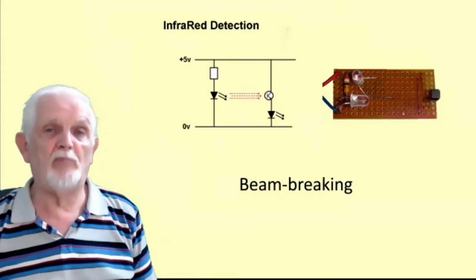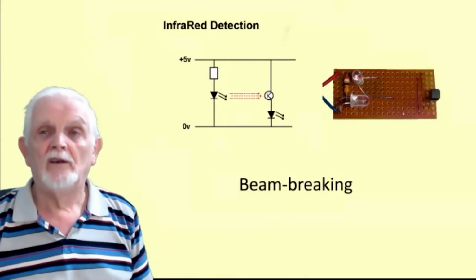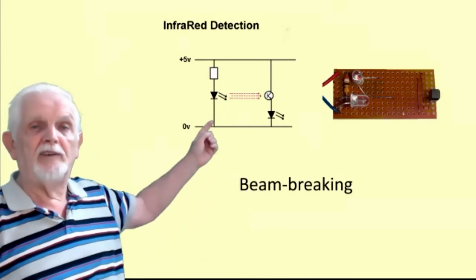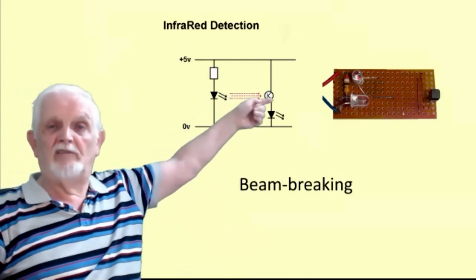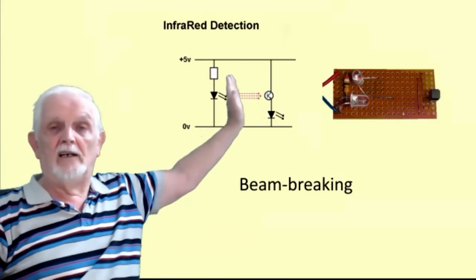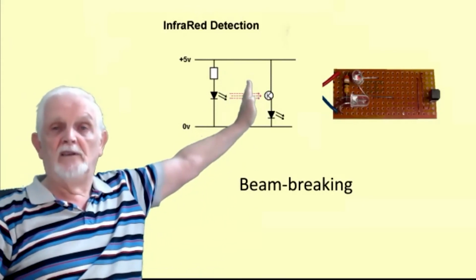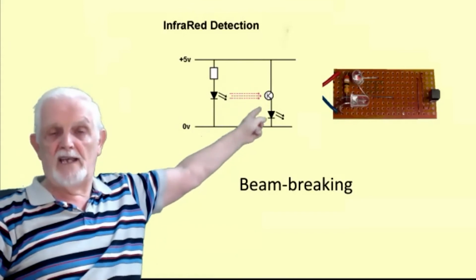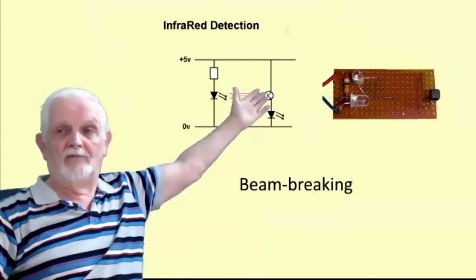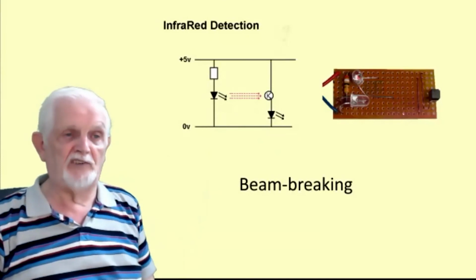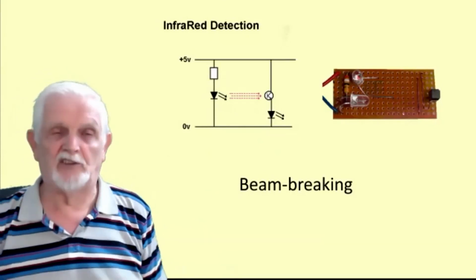There's a very, very basic one. On one side, we have the infrared source. The other side, we have the infrared detector. And if you break the beam in between, you change the amount of infrared that's been transferred across, and it's spotted and will tell you. So it's basically a beam breaking exercise.